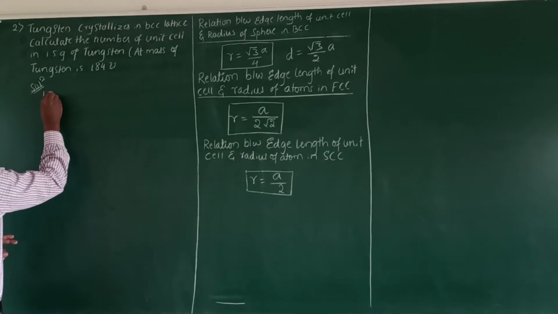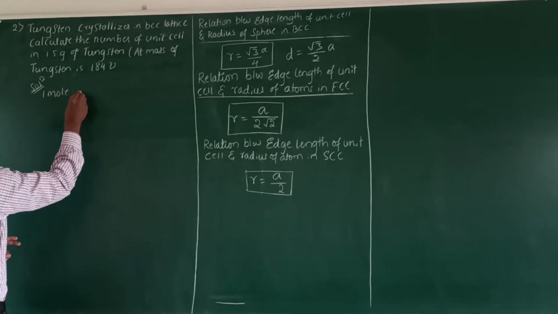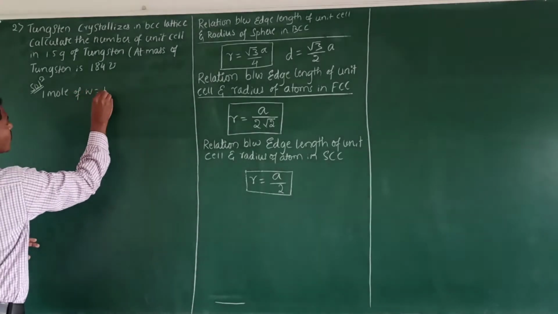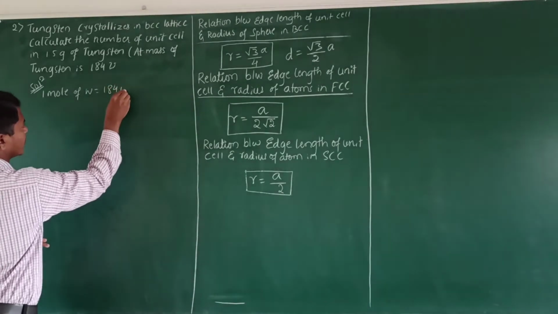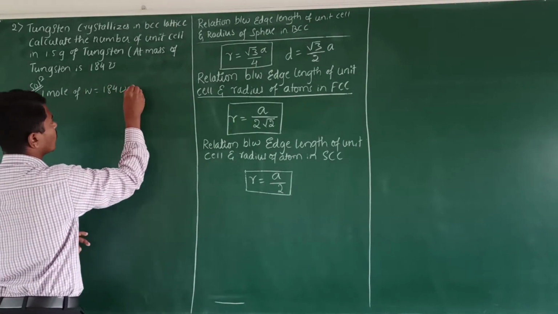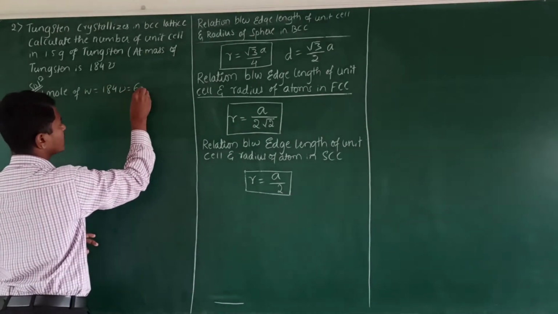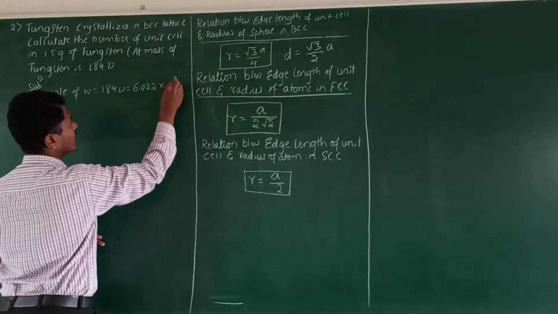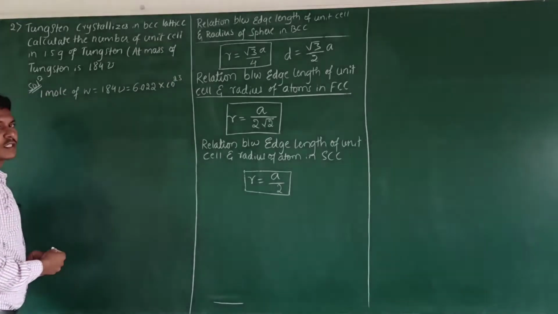1 mole of tungsten is equal to 184 unit, and 1 mole is equal to how much? 6.022 into 10 to the power 23, isn't it?